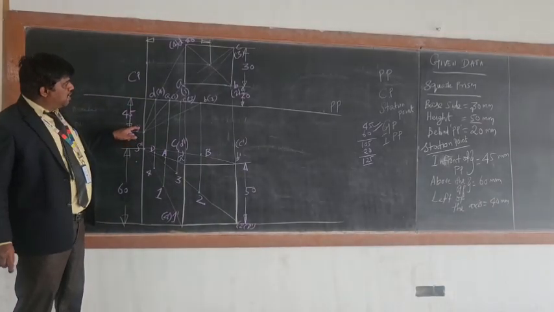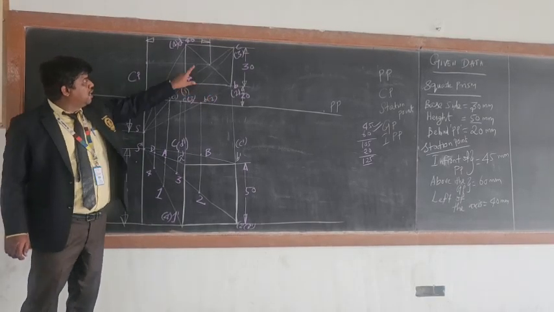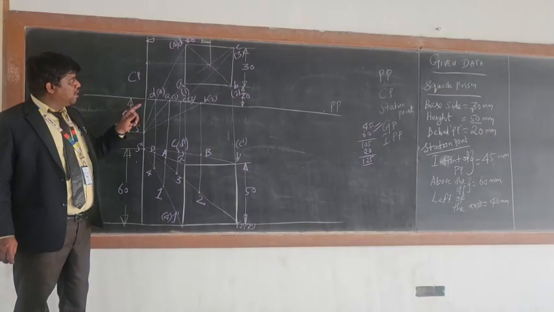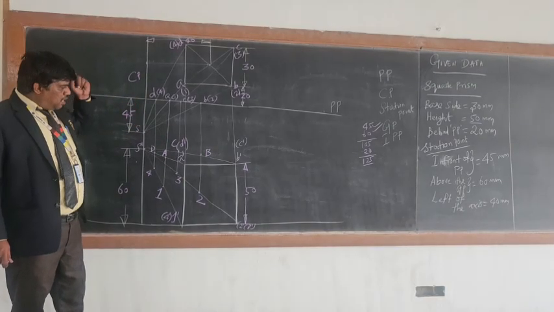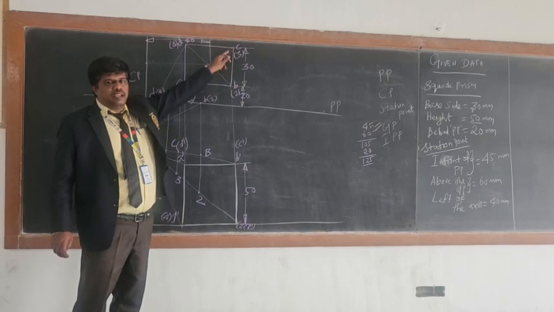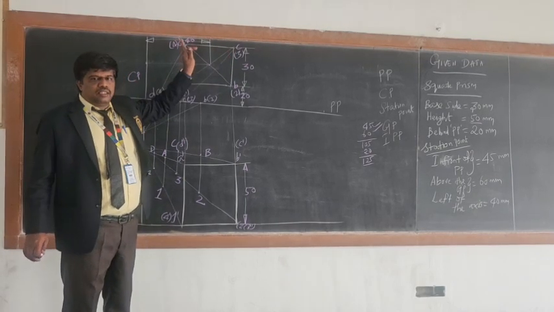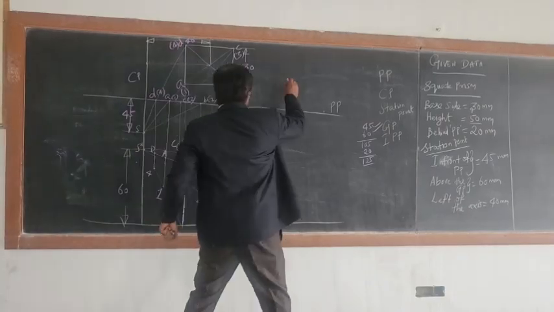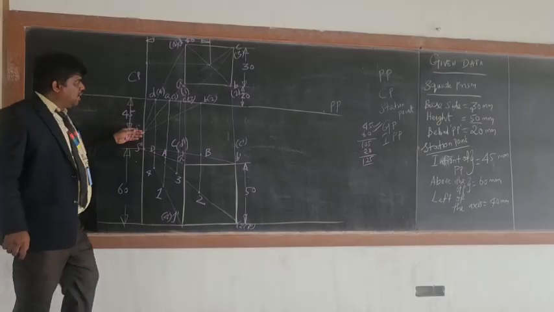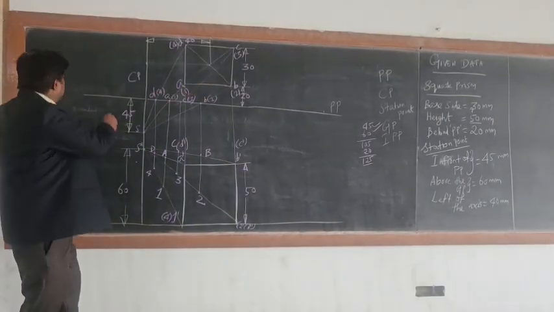When you see from here, A, B, D are visible. Then B to C we cannot see, that is invisible. C to D is also invisible.